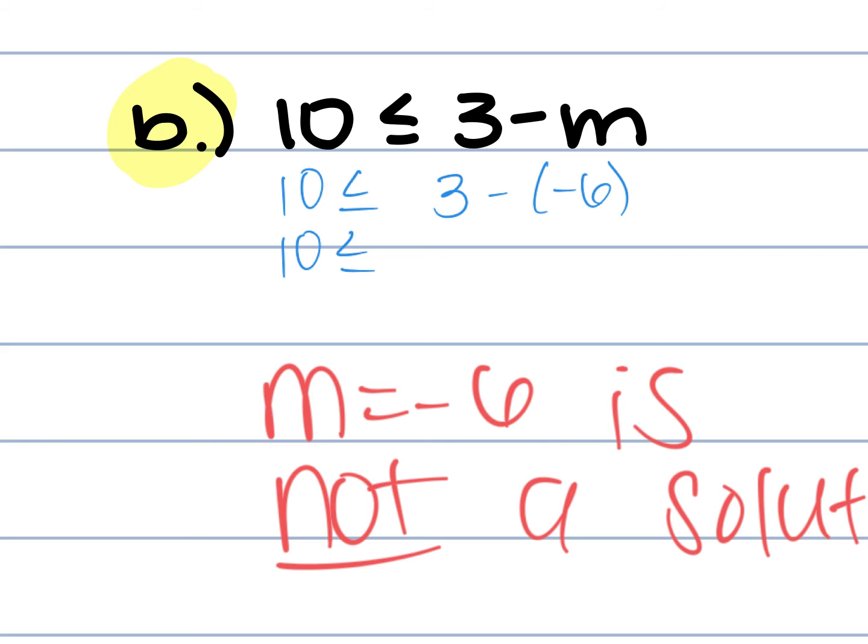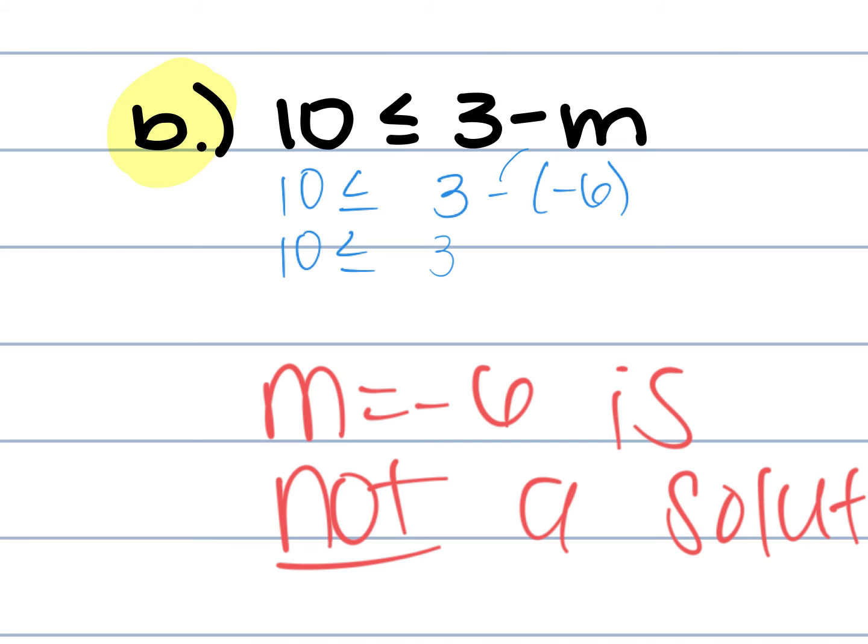Still on the left-hand side, but wait, hold on. Katie, let's figure this out together. What would be 3 minus negative 6? How could we rewrite that? The 3 is not going to change.